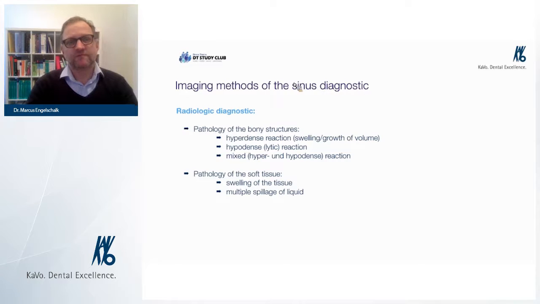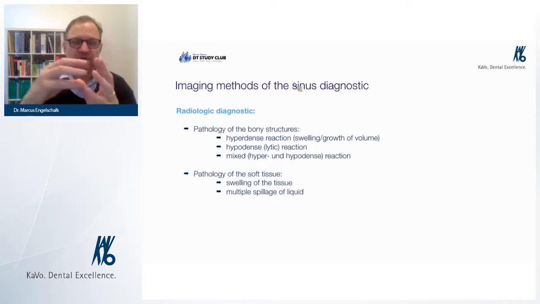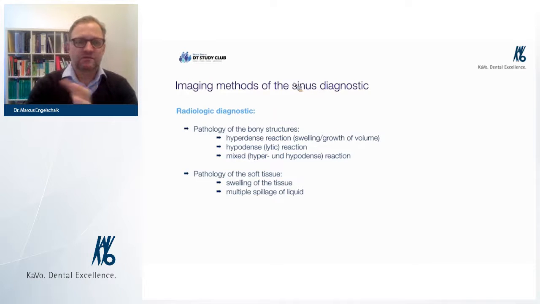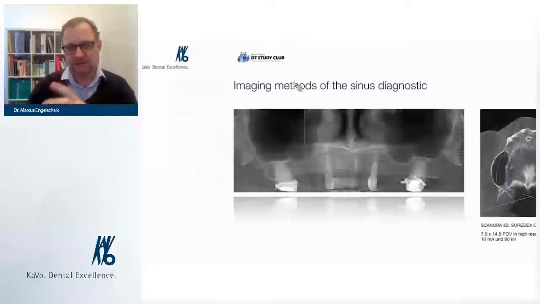Well, first of all, it's very important to know about the anatomy of the sinus. The form of the sinus, we already know it's based at the lateral nasal wall. So we see the whole structure of the sinus, and its volume depends on the patient size.